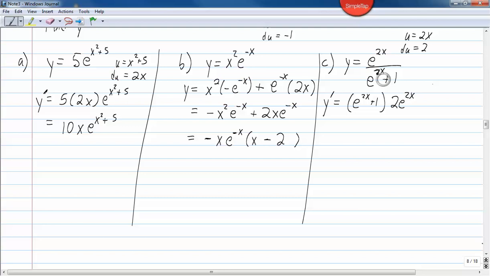So that's the bottom times the derivative of the top minus the top times the derivative of the bottom, and the derivative of the bottom here, you just have to take the derivative of the first term because the second term is 0, so that's going to be the same, 2e to the 2x. Same thing we got when we took the derivative here. You get the same thing there. Over the denominator squared.